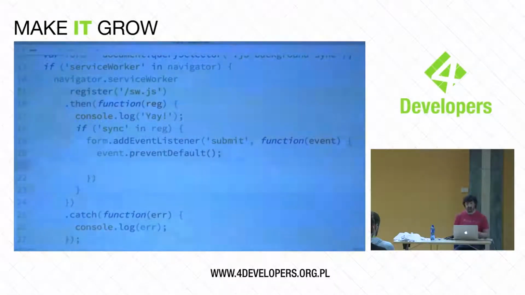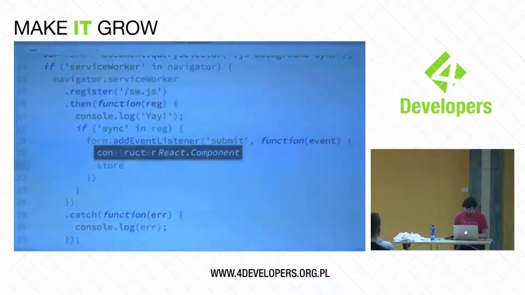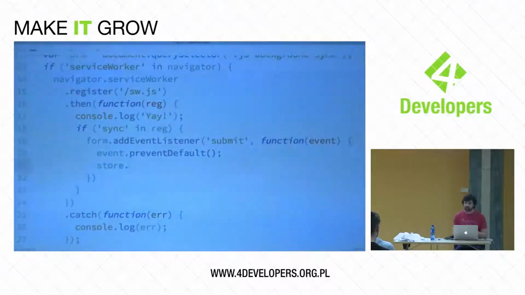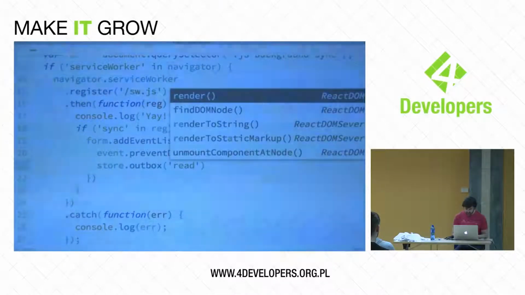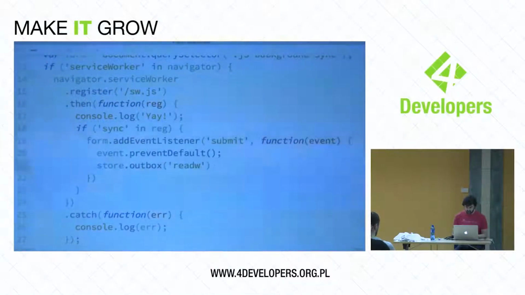And once we've done that, we can then open up our database and put the message inside it. This is the best way I've found to do so far. Now I have a little extra wrapper around IDB in which I am doing some of the boilerplate stuff, so we don't have to see that. But I'm going to open up our outbox store in read-write mode.